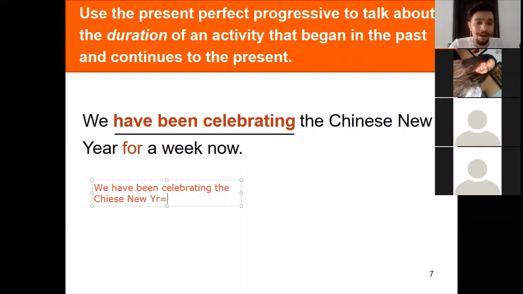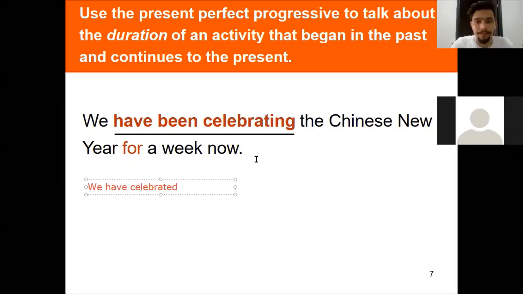Let's just do it like this. What does it tell you? So we have celebrated the Chinese New Year for a week.